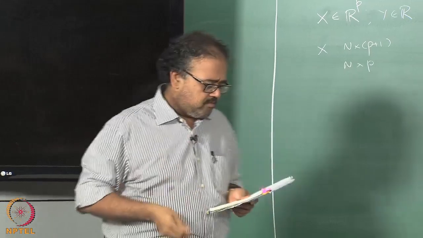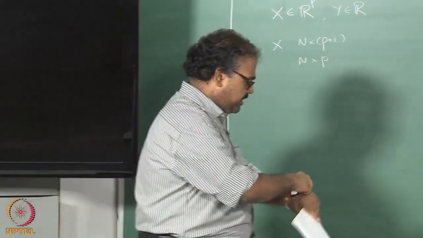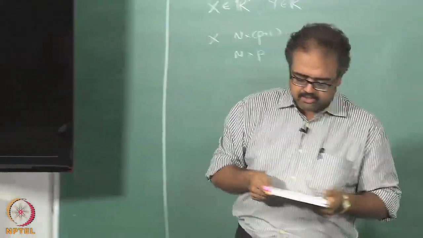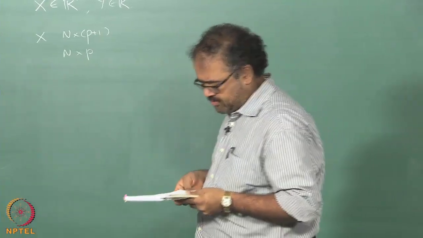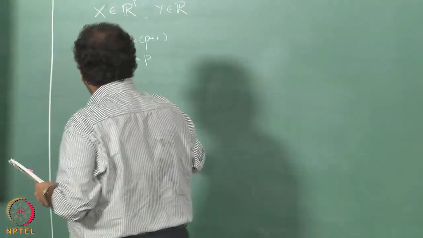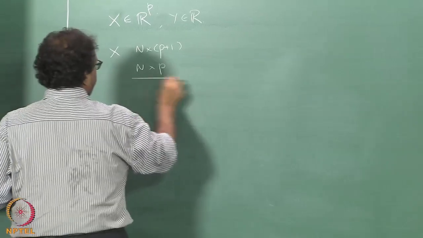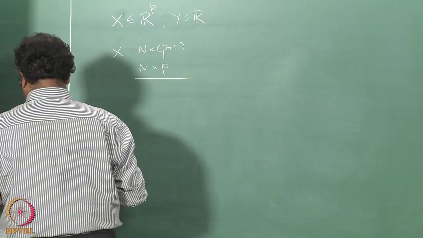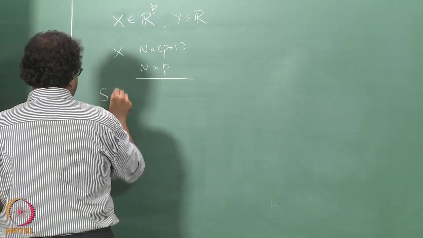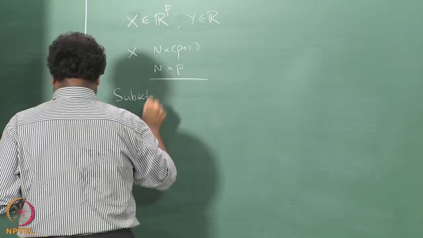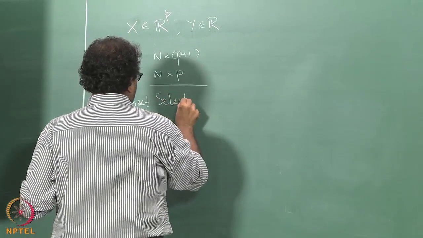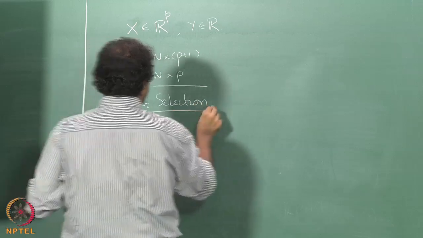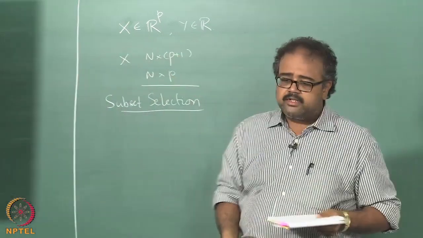This is essentially what we looked at in the last class, and in this class we will look at a little more complex things that you can do with linear regression.